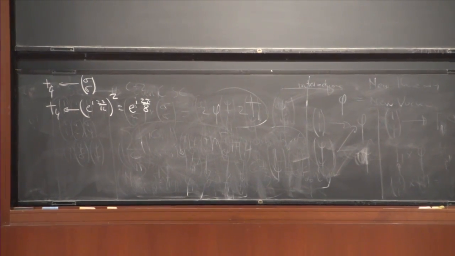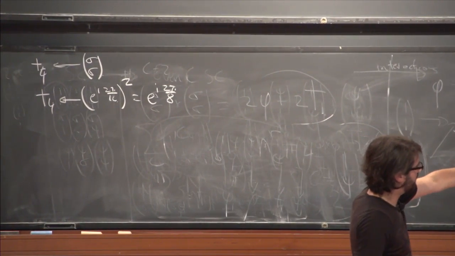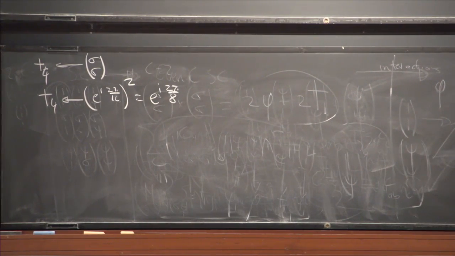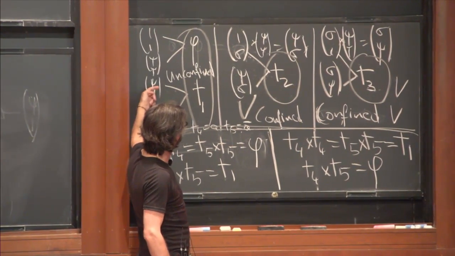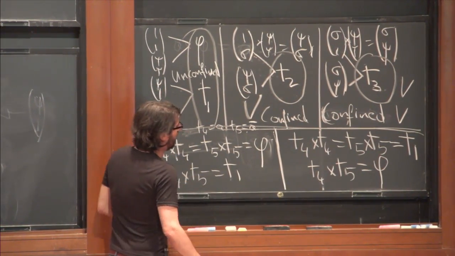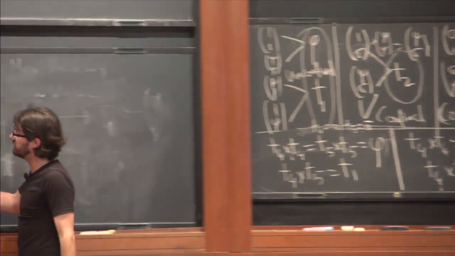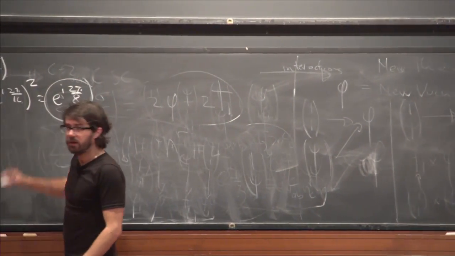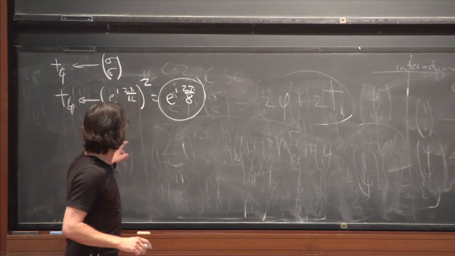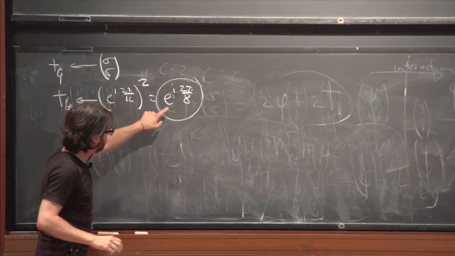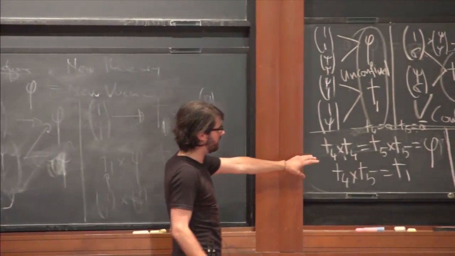So the mapping is consistent in all the spins except for the confined particles. The confined particles have this problem, but the map is consistent for the other ones. This is a fermion, this is a fermion, and T4 and T5, since they come out of sigma, have the same spin, which is this one. If you add more input, you will find that for this particular value of the spin, only one of these rules gives you a consistent theory.